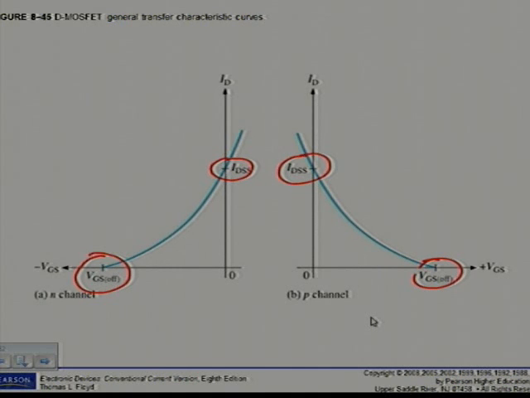Just applying the formulas, firstly, for a VGS of minus 3, ID is equal to IDSS, in brackets 1 minus VGS over VGS off, squared. I get an answer of 3.91 milliamps, and the same applies to a VGS of plus 3, and in this case I get the value of 18.9 milliamps.